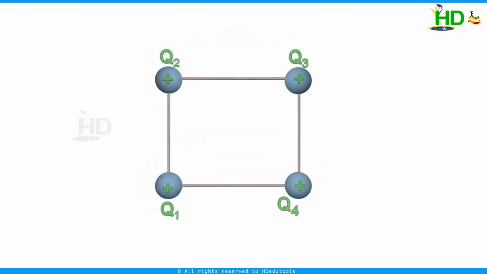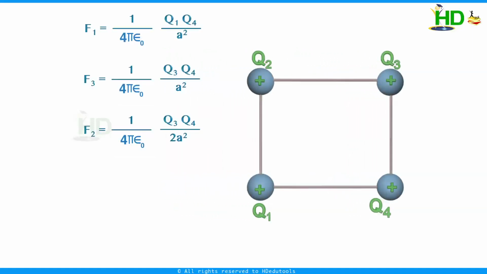Now I am taking four charges Q1, Q2, Q3 and Q4. What is the net force on Q4? According to the superposition principle, the net force on a charge is the vector sum of all forces acting on that charge. On this charge, due to Q1, a force is acting along this direction.